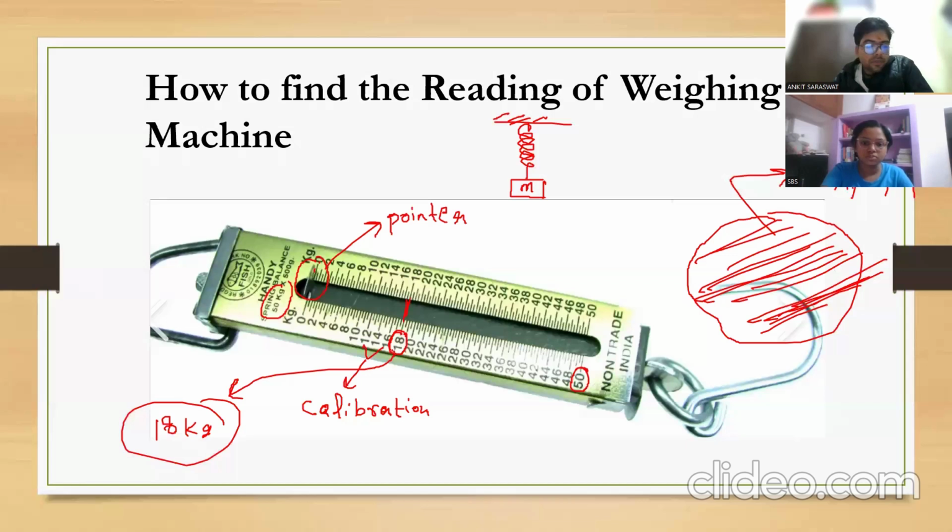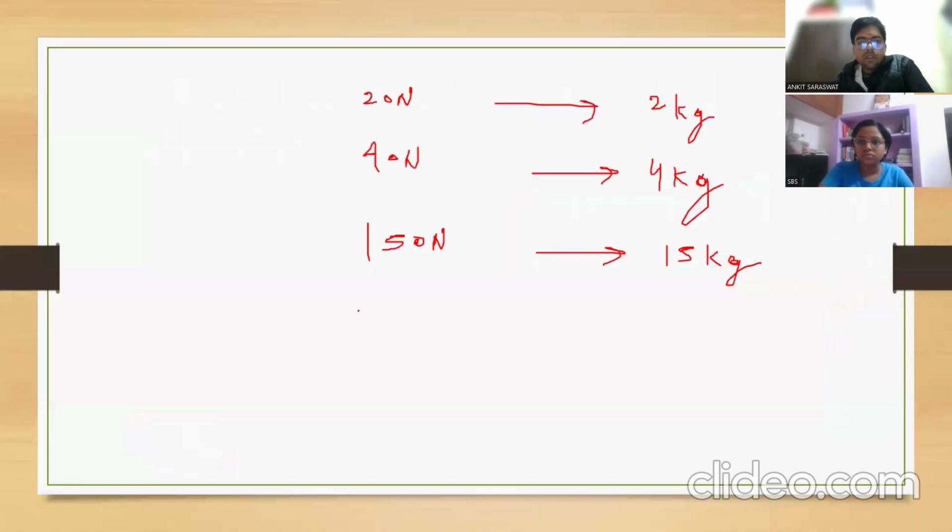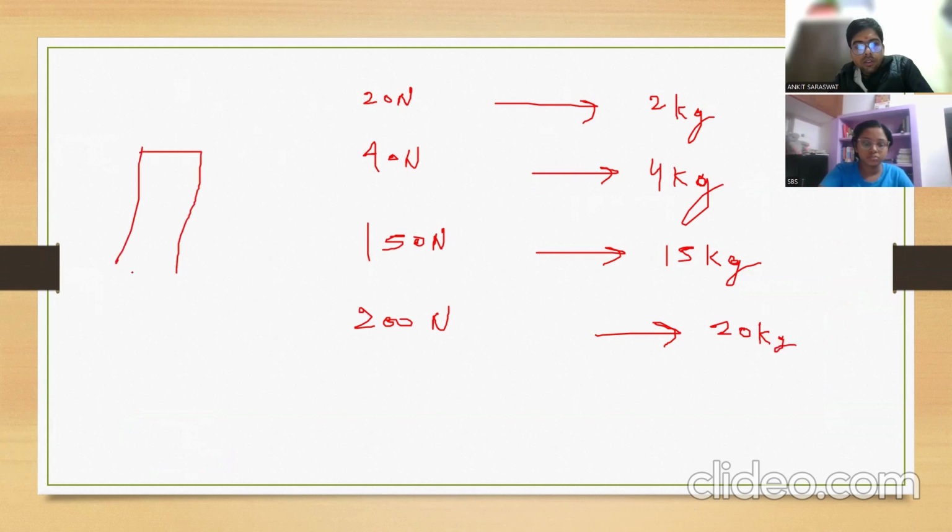Clear? Understood? So we are going to calibrate. This is known as calibration. If you again increase to 200 Newton, if you increase the spring force, then it will be 20 kg. Then we make a machine like a spring balance.